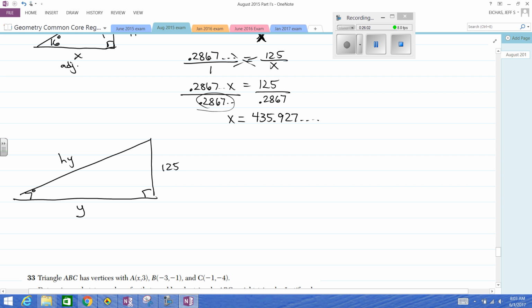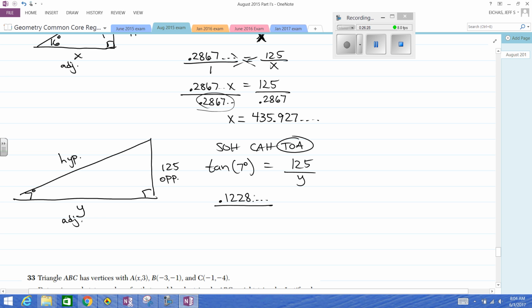This is the hypotenuse, this is the adjacent leg, this is the opposite leg. We're going to use tangent again. It looks like opposite over adjacent. So tangent of the angle should equal 125 over y. Now your tangent of 7 degrees got a little smaller, 0.12278. I'll round it here, but remember, don't round it in your calculator.